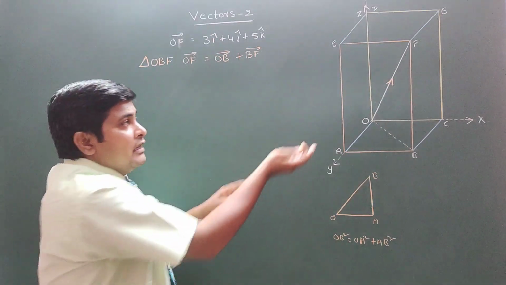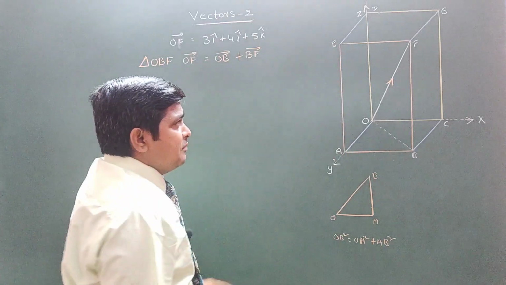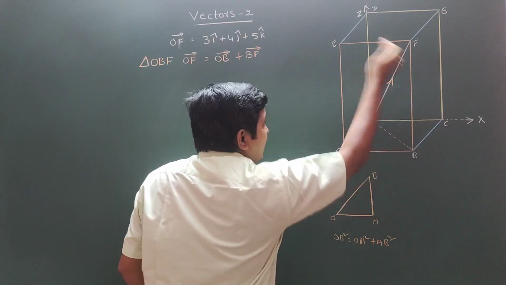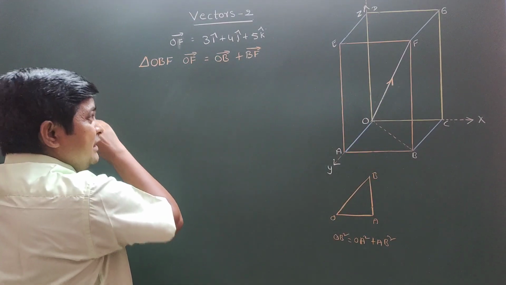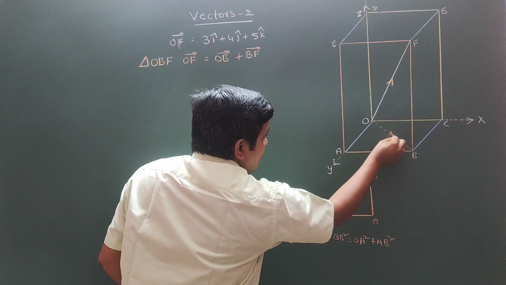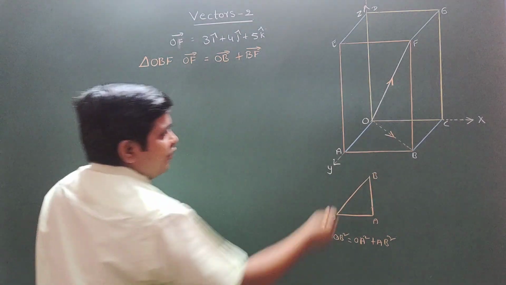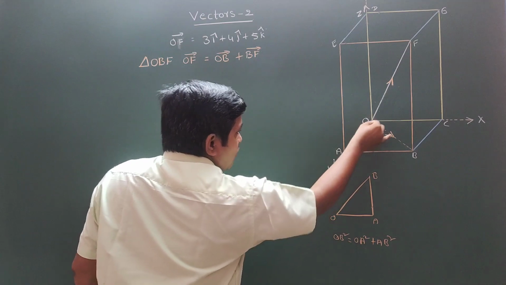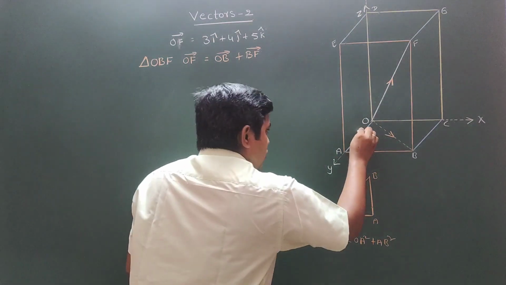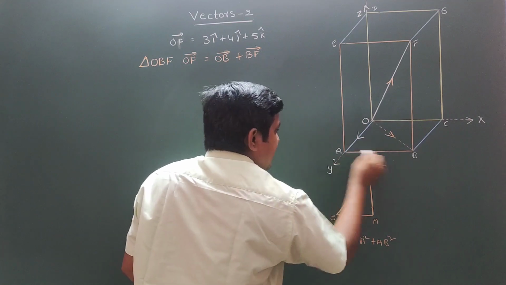So that's why on the Z axis you can take the measurement which we need for BF. Okay, now you can see here OB is nothing but the result of OA plus AB. So now you can see OA and AB.